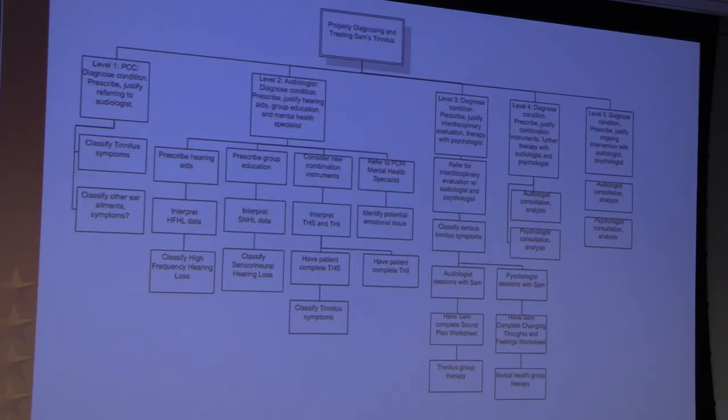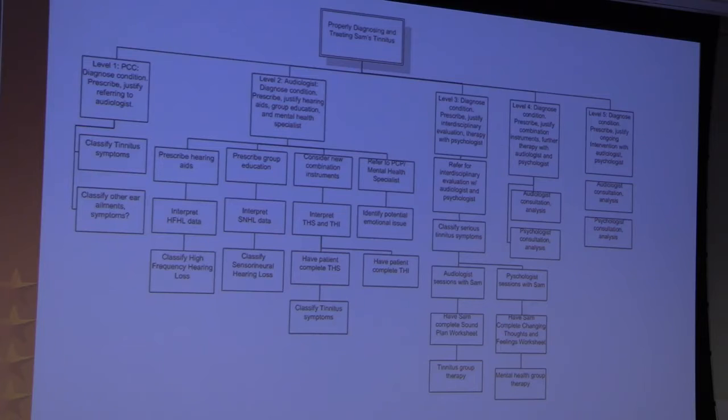Then at some point, maybe they already know some of these things. You can kind of draw a line and say, okay, they're bringing in previous knowledge, they're already above this level. So these are the 5 phases, or 5 levels for tinnitus treatment.